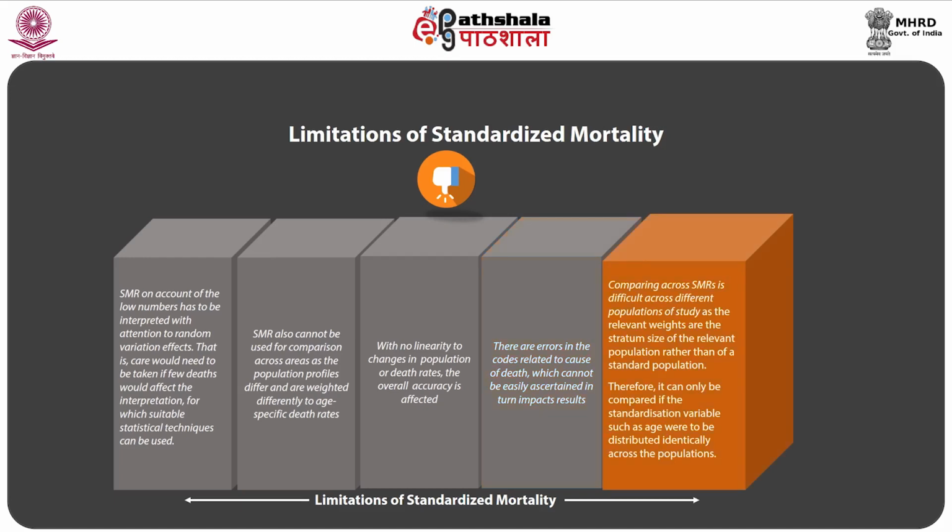Comparing across SMRs is difficult across different study populations, as the relevant weights are the stratum sizes of the relevant population rather than of the standard population. Therefore, it can only be compared if standardization variables such as age are distributed identically across the populations.